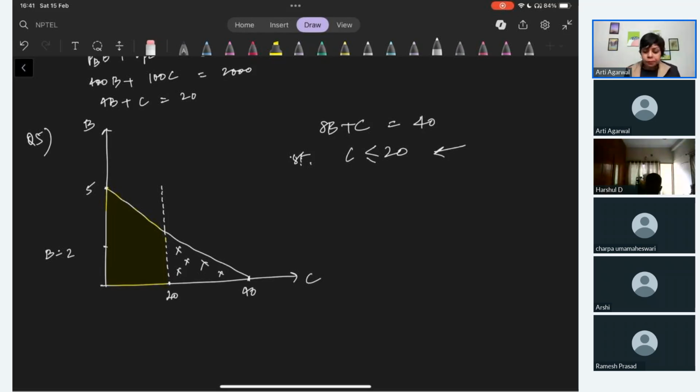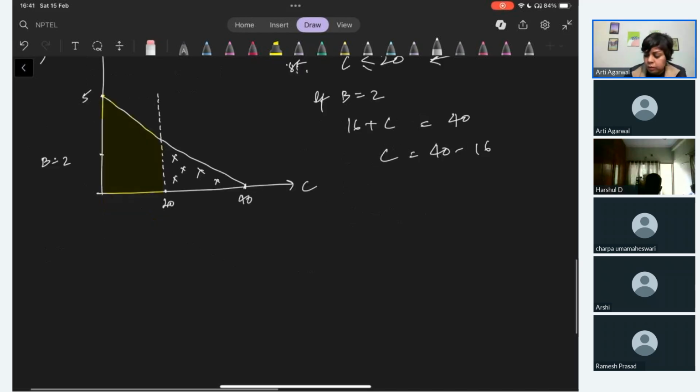And when you're computing it, for example, now you're given the value of B as 2, right? So if we plug in the value of B equal to 2, what do we get? 16 plus C is equal to 40. C is equal to 40 minus 16, which is 24. But we know that C is less than or equal to 20.